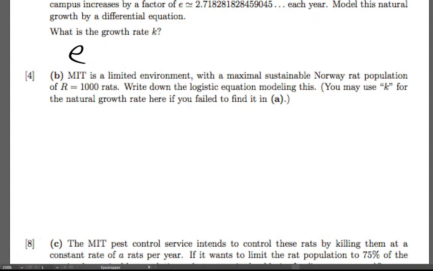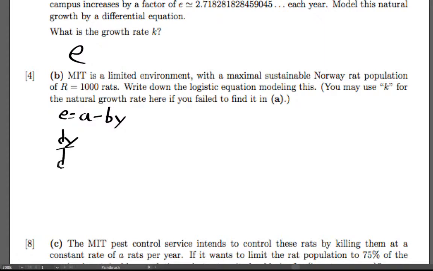So in here, the logistic equation would be, let's write this, dy/dt would equal to a minus b y.